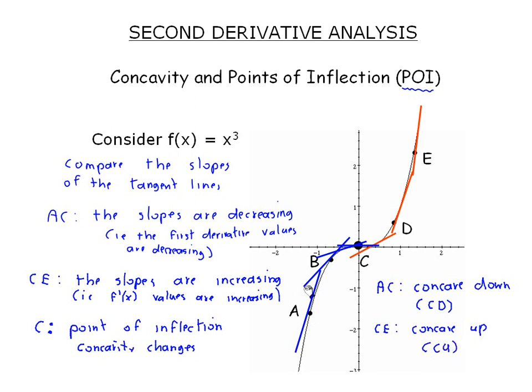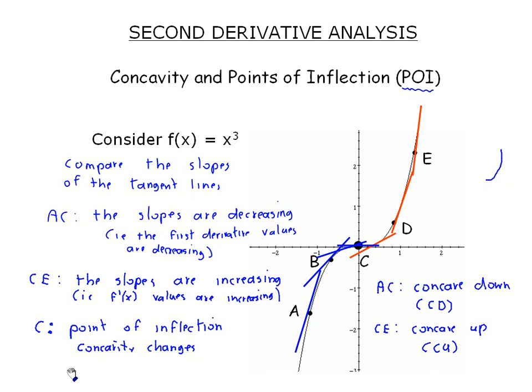Now, a few ways to make sense of that are that by inspection, for AC, the cup is down. So the cup is down means it's concave down. You see it sort of opens downwards, whereas from CE, it opens upwards. So it's got the upward shape like this.